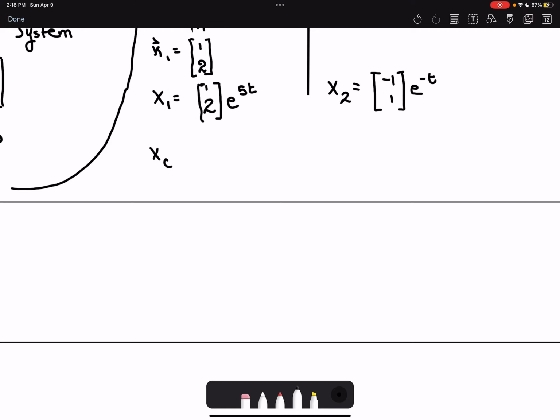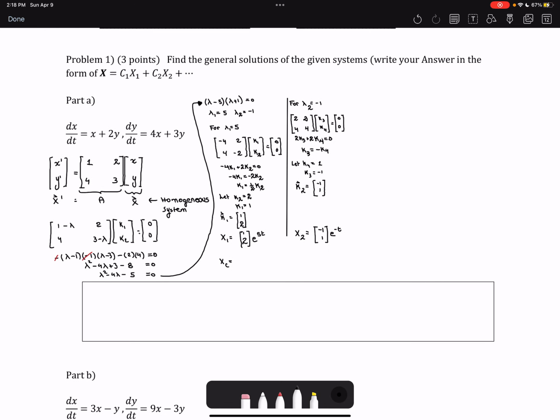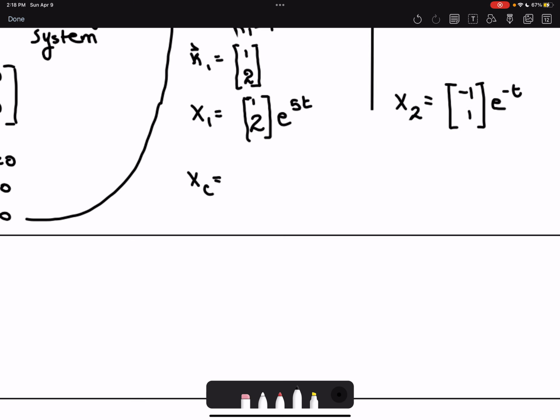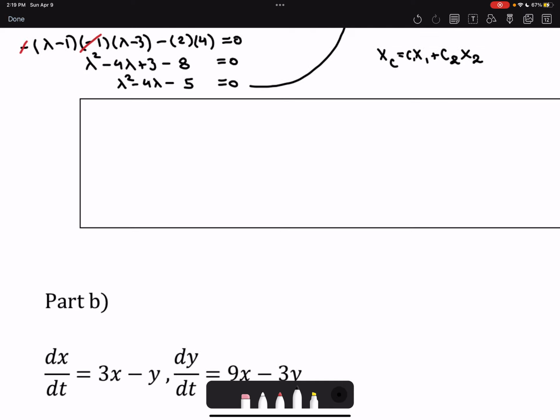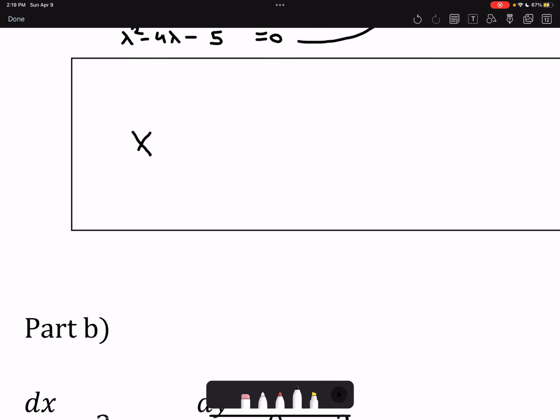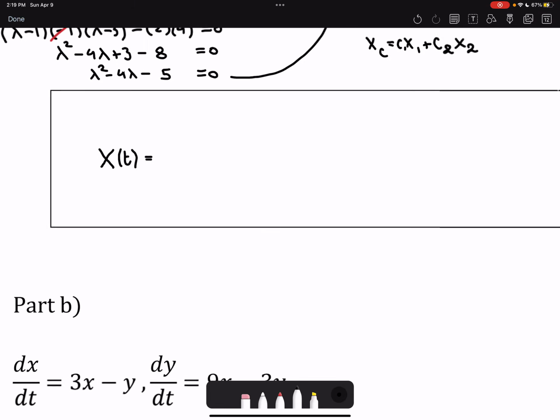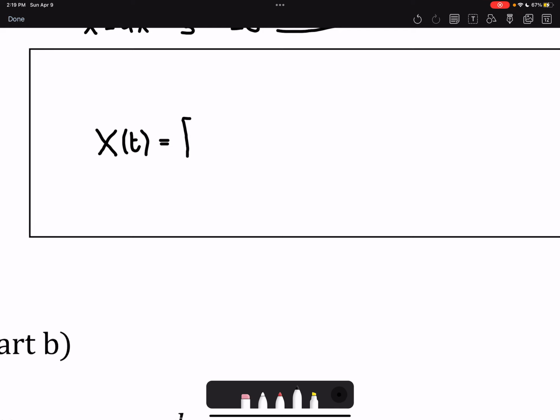The complementary solution, they're asking for the general solution. You can say that that's the linear combination of the first solution and the second solution, which we can write over here. So we can say that x as a function of time is equal to 1, 2 e to the 5t plus negative 1, 1 e to the negative t.